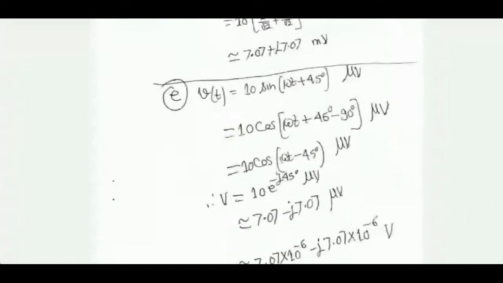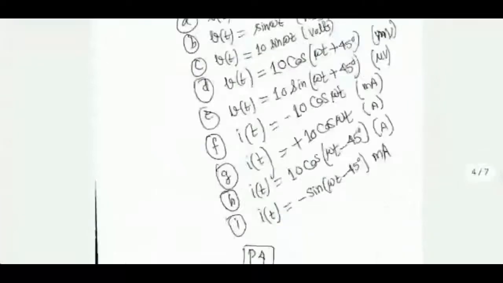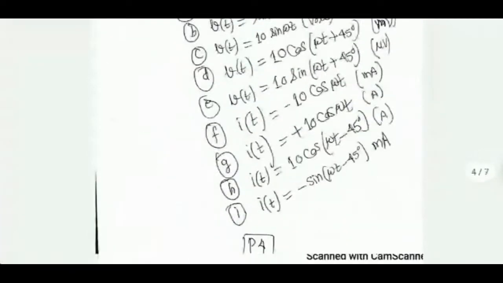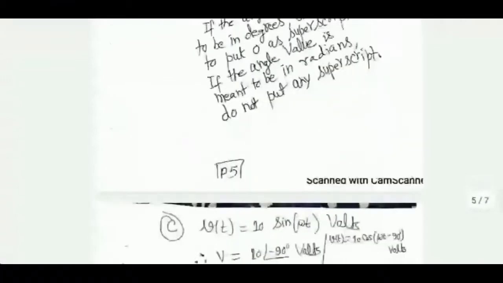What we get is, I think, 10 e to the power minus j 45 degrees, and the units were microvolt, I think. So the phasor would also be in microvolt. F is a current signal in milliamperes, minus 10 cos omega t.